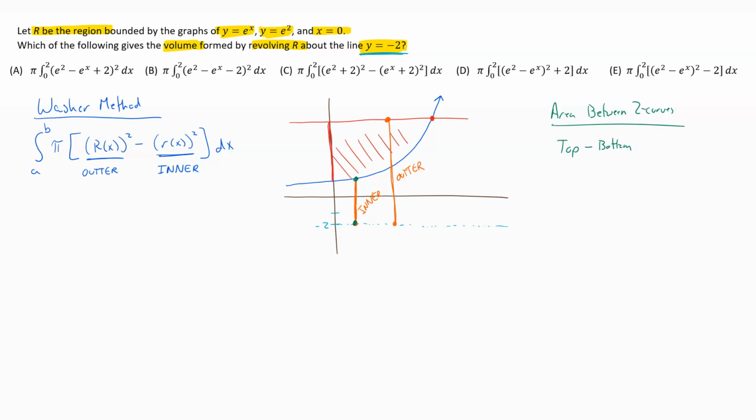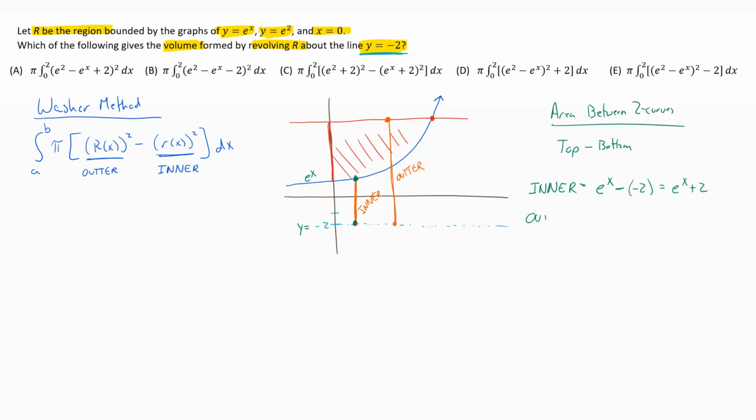For my inner radius, the equation on top is e to the x, and I subtract off the bottom equation, y equals -2. So minus a -2, and I'm looking at e to the x plus 2.